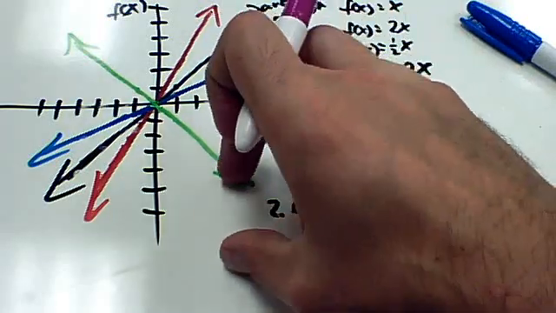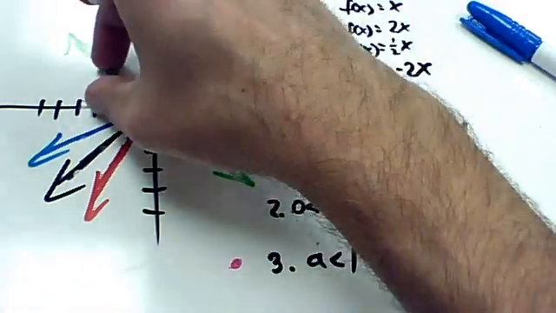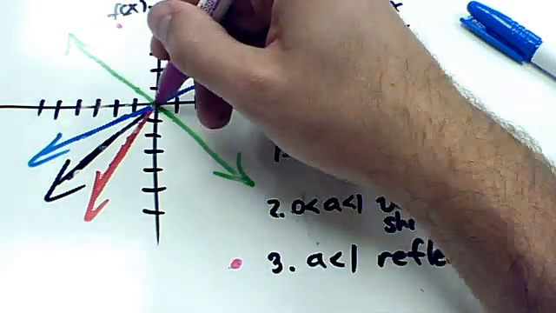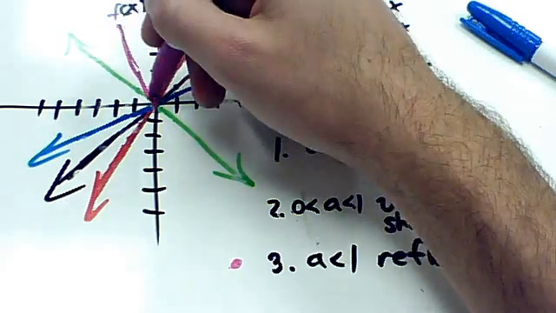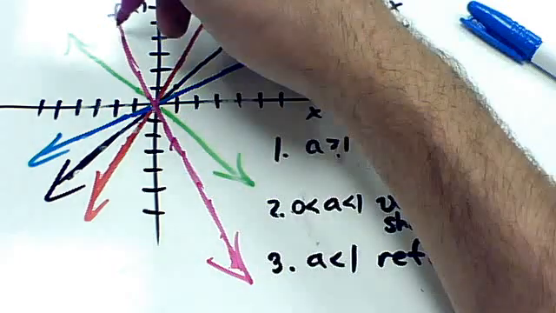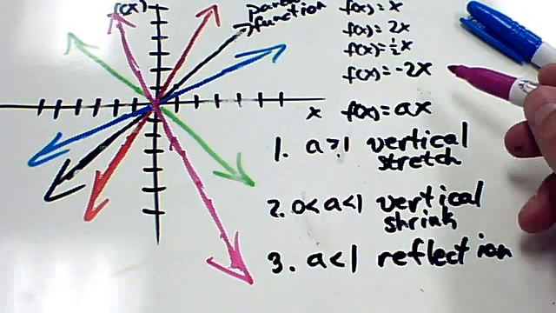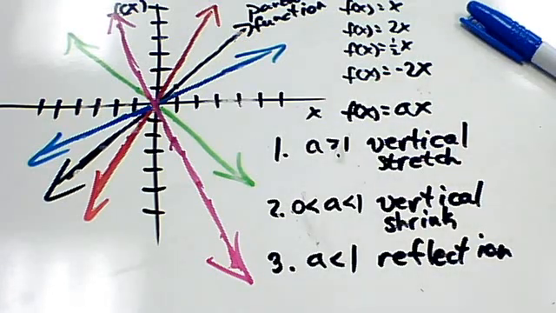I want to make sure I get this right. This should also go through the origin. I would get something like that if I ended up doing negative 2x for f of x. Okay?